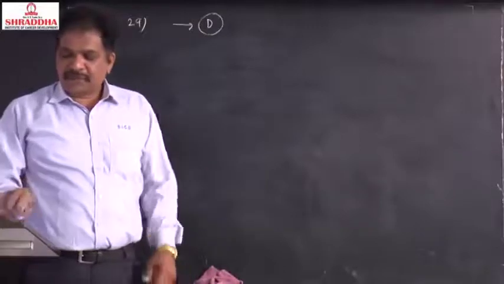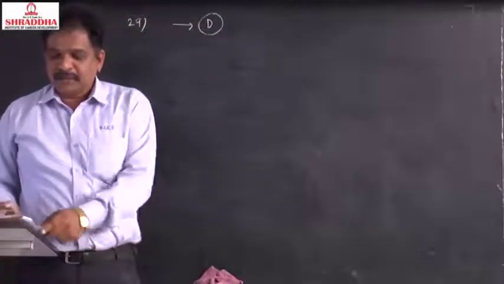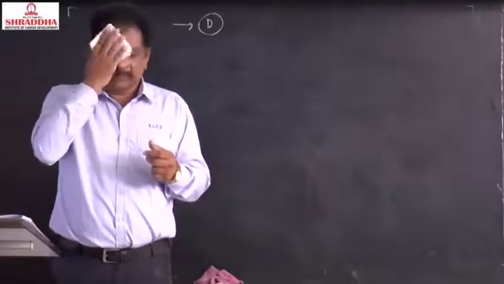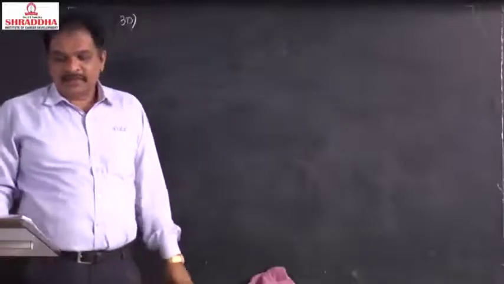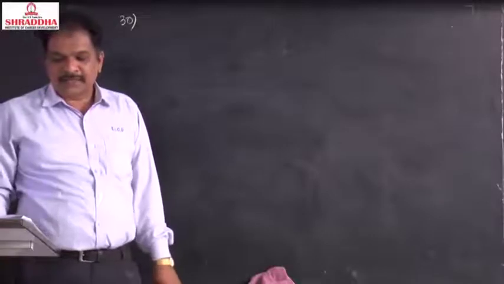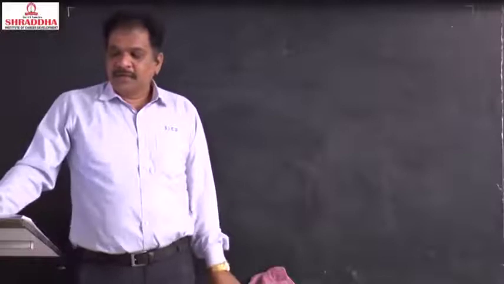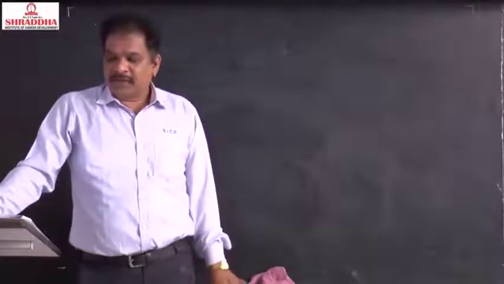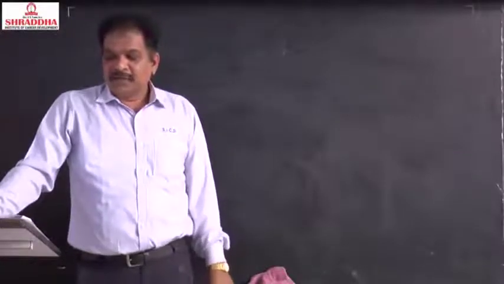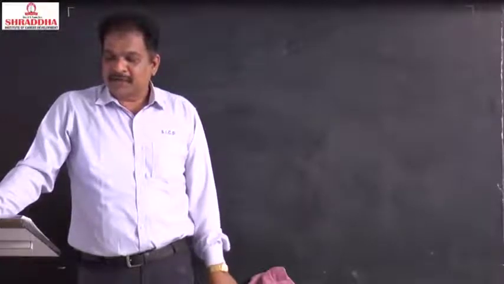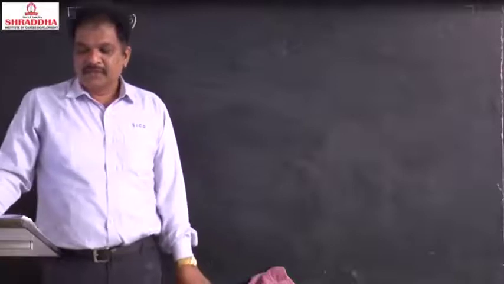Next, after 29, see the 30. What they are asking, see. 30, if a vector has an x component of minus 25 units and y component of 40 units, then the magnitude and direction of this vector is how much they are asking.